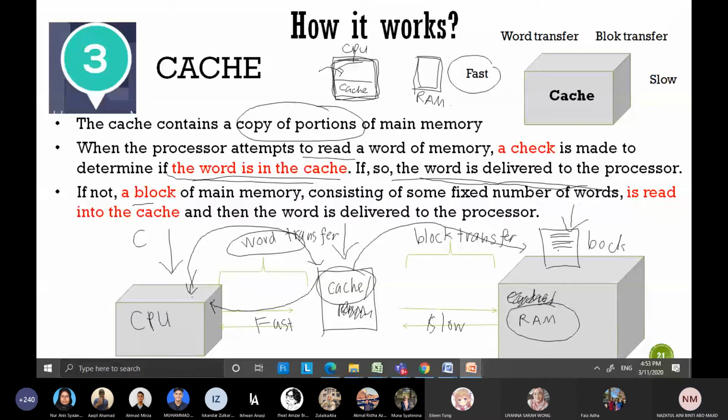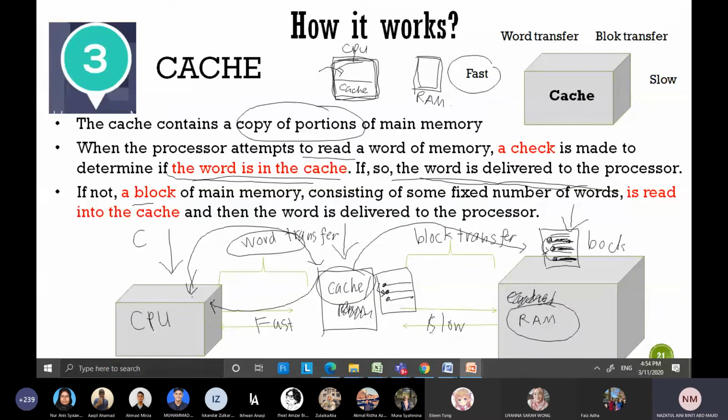Because the CPU might want to use these instructions, but later, you still remember the program counter? It will usually want another instruction, the next instruction inside that program. So that's why you will have a block transfer into the cache, and then this block will be inside the cache, and the CPU will check if there is any instruction needed by the CPU inside the cache.